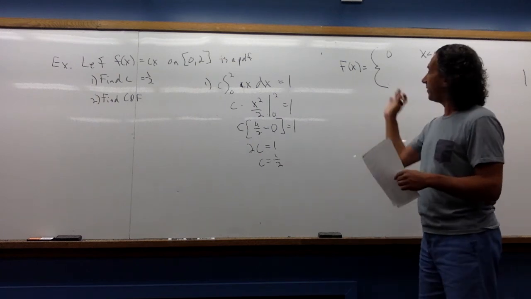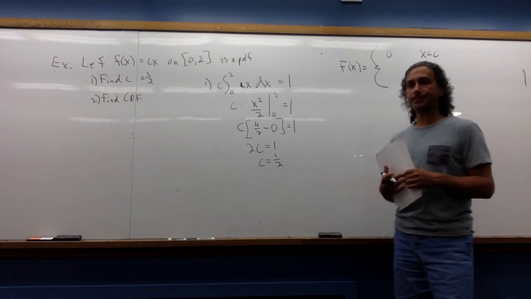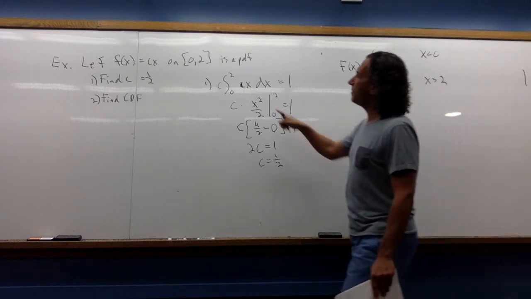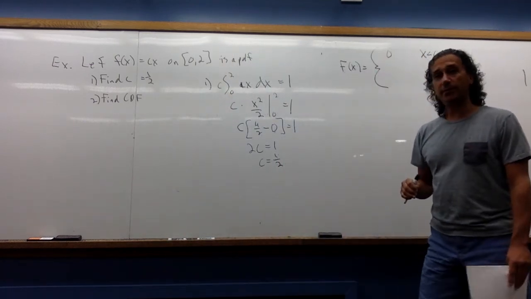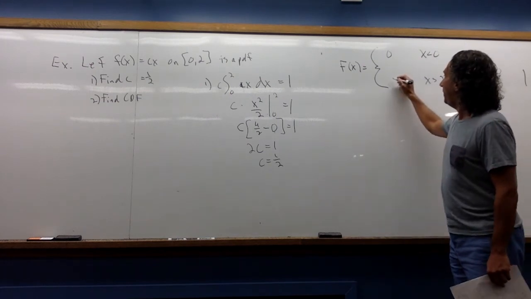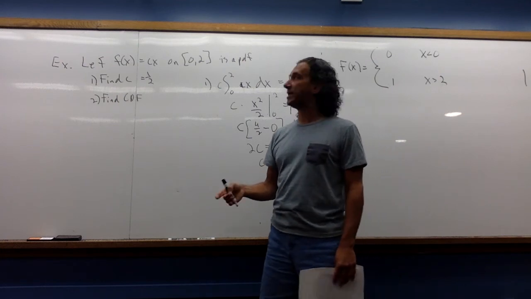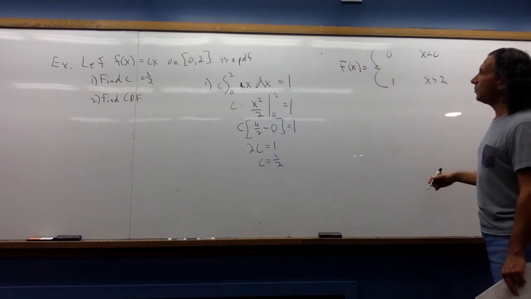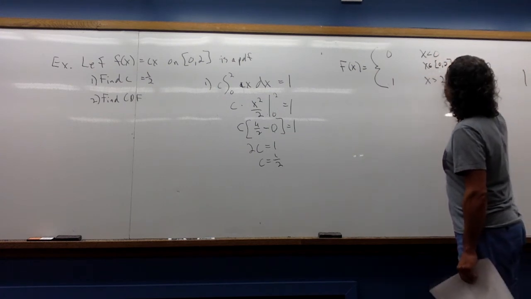So if I try to integrate up to that on the left, then I'll get 0. If x is bigger than 2, well, what's the probability of being less than or equal to some value that's bigger than 2? Well, that's going to be 1. Right? The probability of being less than or equal to 3 is equal to 1, for example, because this interval is 0 to 2. So we need to study x in the interval 0 to 2.